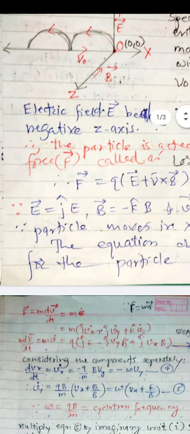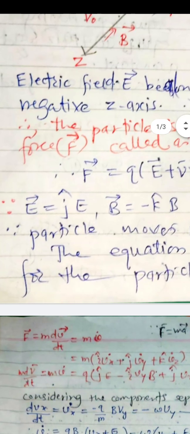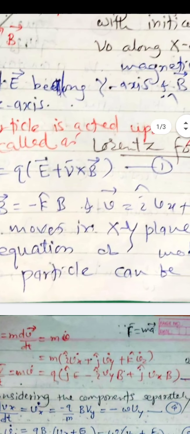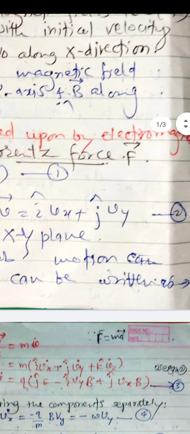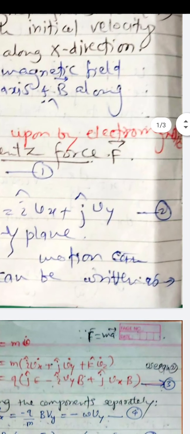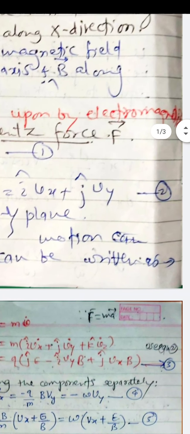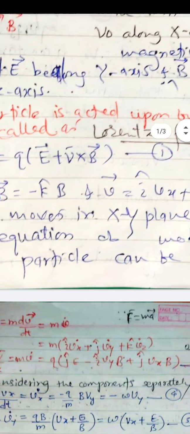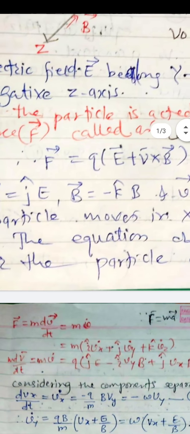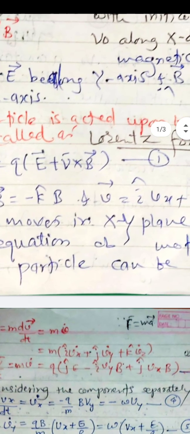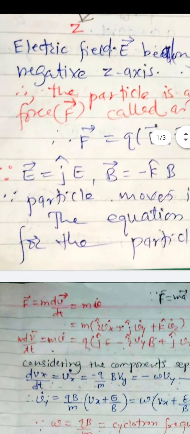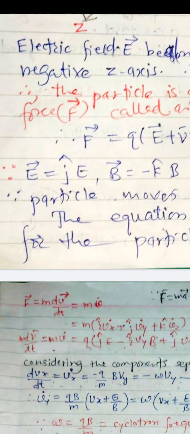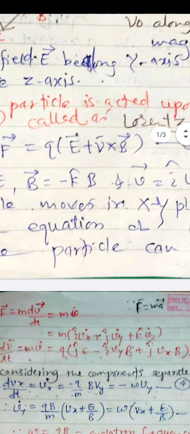Equation number 1 is the Lorentz force F bar equal to q times (E bar plus v bar cross B bar), and equation number 2 shows the individual components of E bar, v bar and B bar.